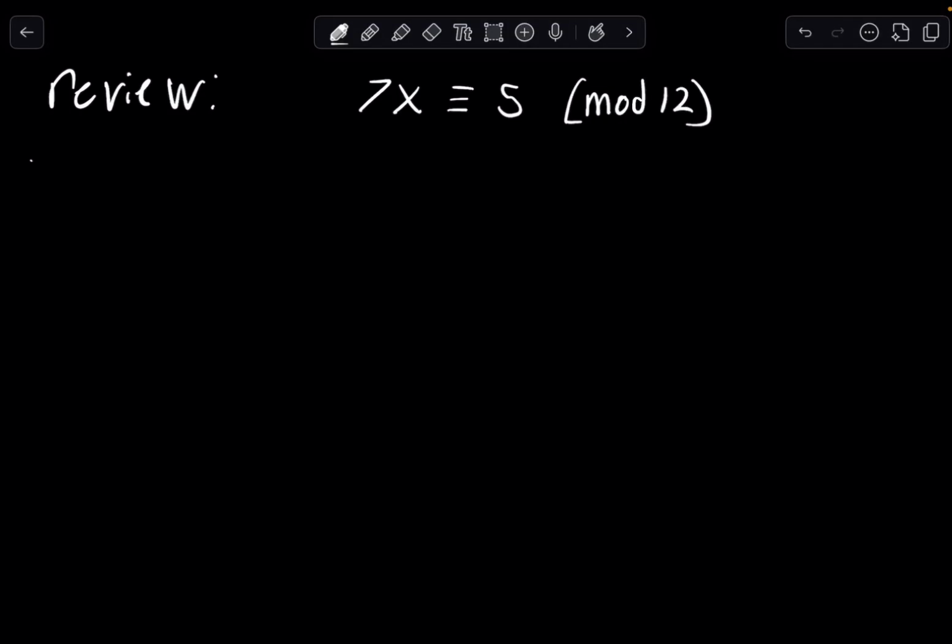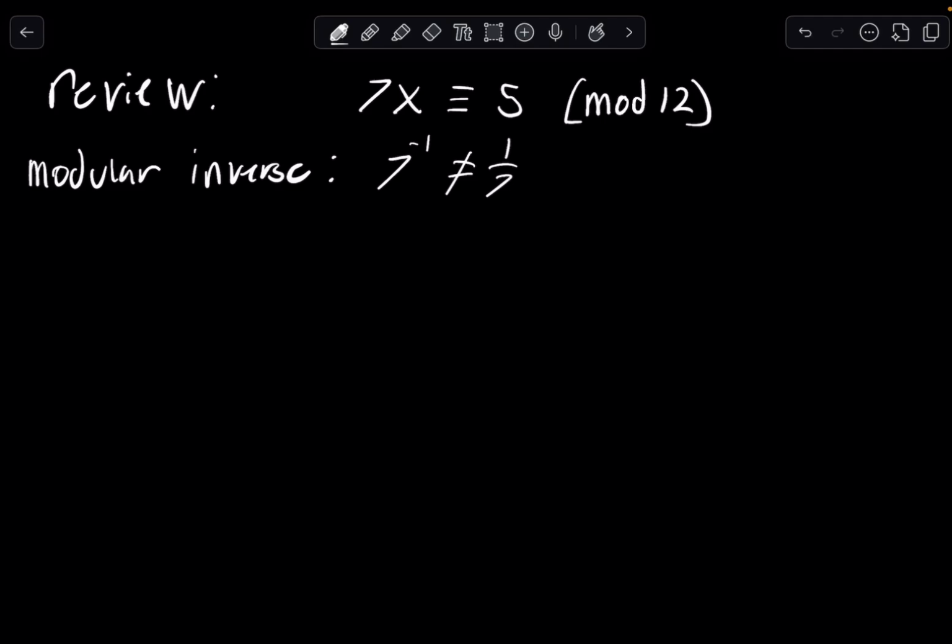So in the last video, we discussed how to solve linear congruences using the modular inverse. The modular inverse can be represented with the notation, if a equals 7 here, 7 to the negative 1. Remember, this does not equal 1 over 7. However, this is just the notation.